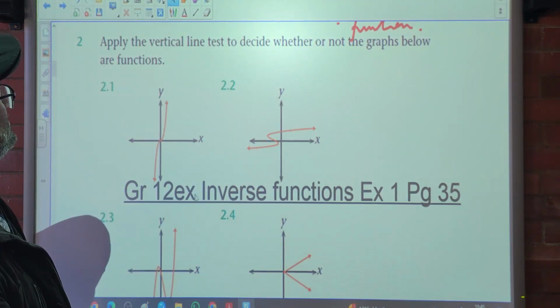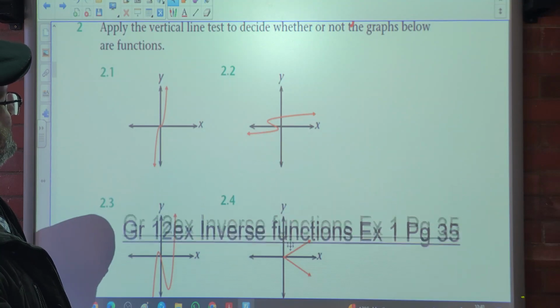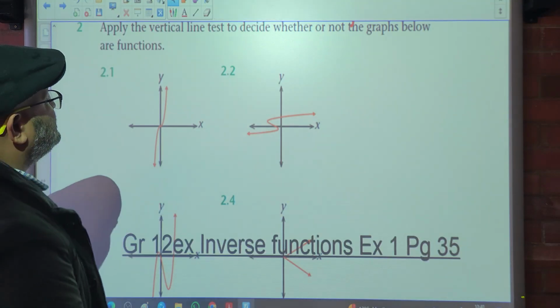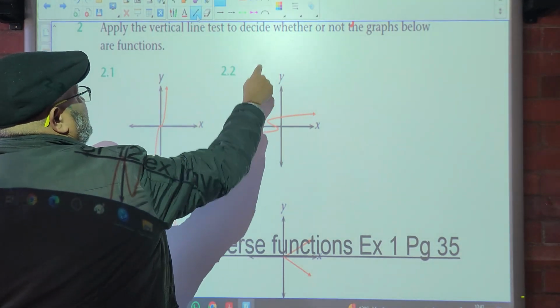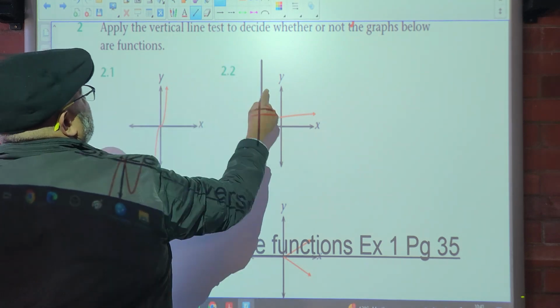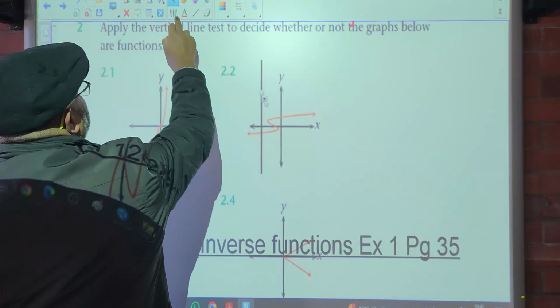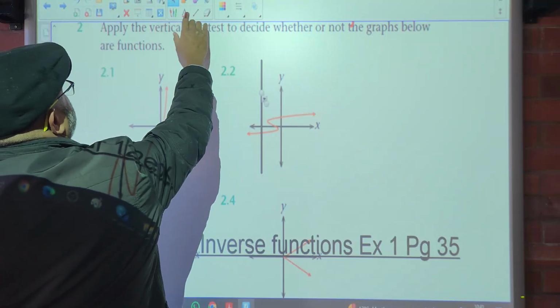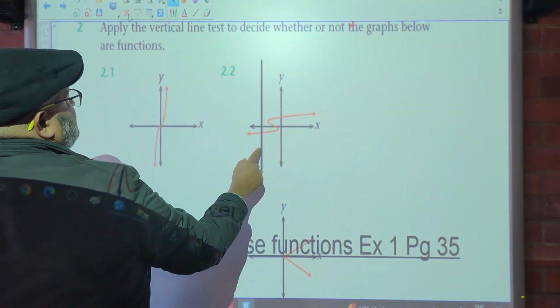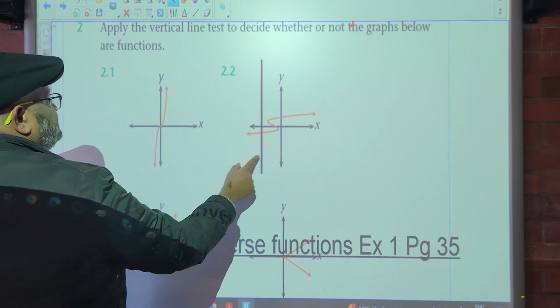Apply the vertical line test to decide whether the graphs below are functions. So what I do is I take a vertical line. Okay, so this vertical line.